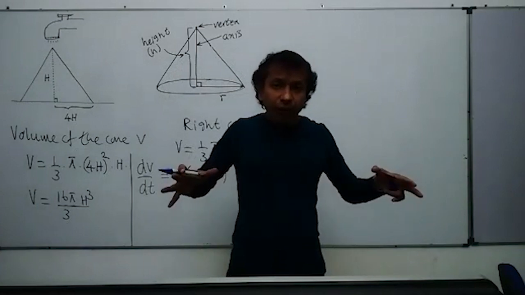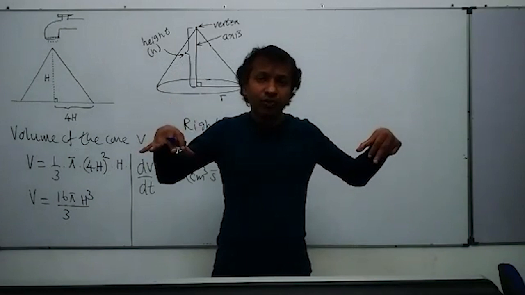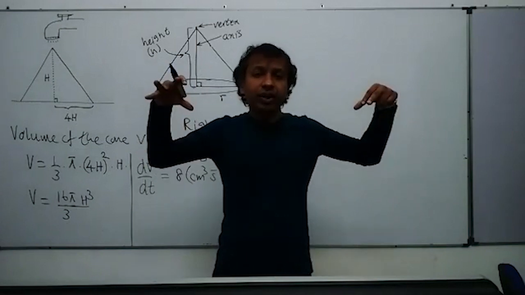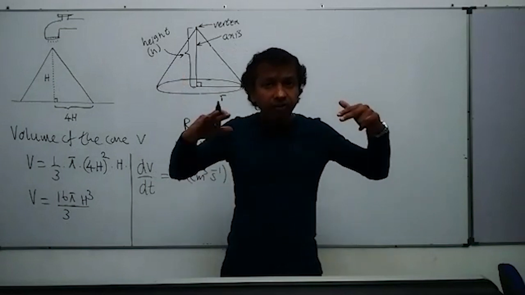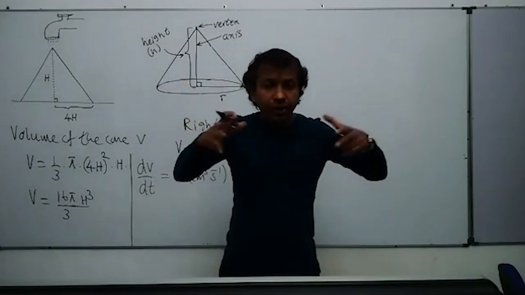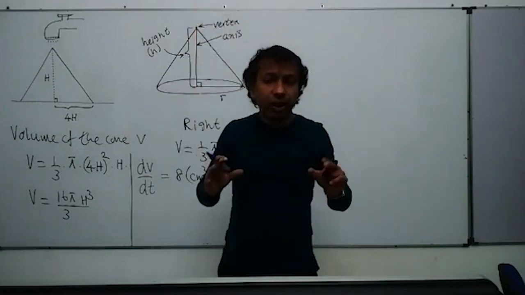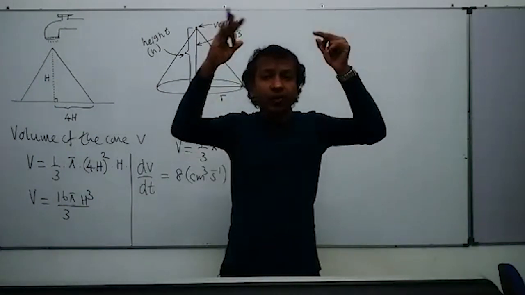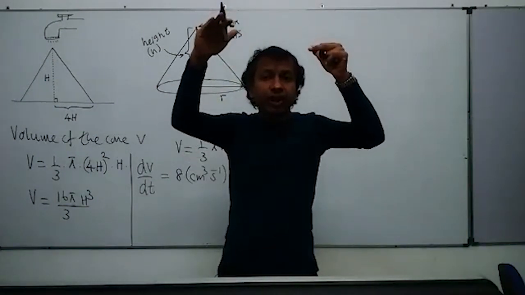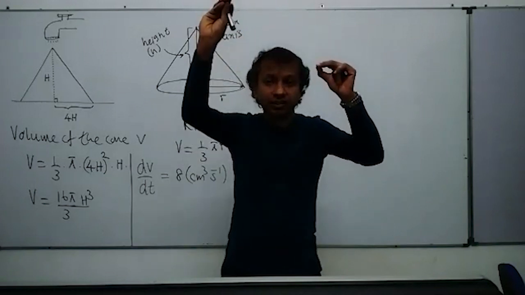People, when this continues in this way, in every second the volume of the sand cone increases by 8 cubic centimeters. As time elapses, the volume is increasing, and meantime the height is increasing. One occasion, the height of the sand cone reaches 6 centimeters. Even at that moment, the height is increasing.